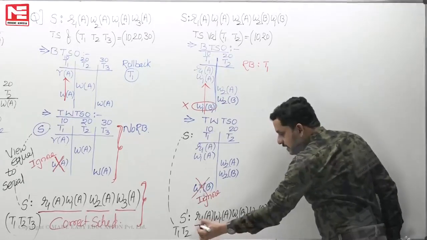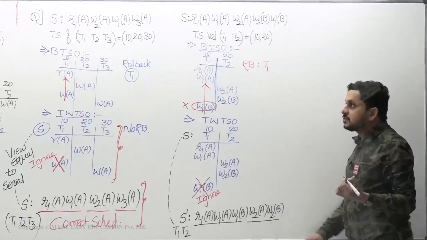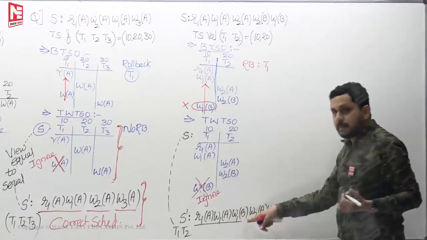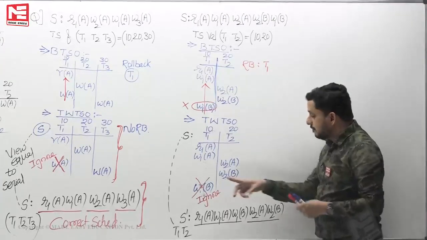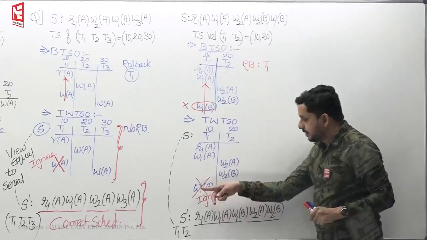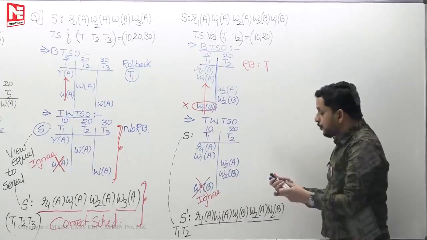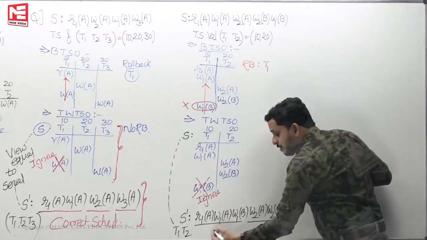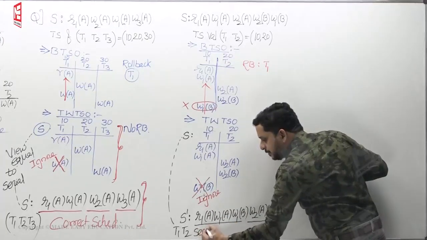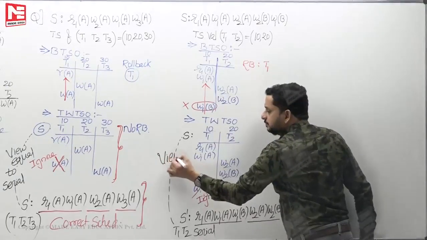Okay, these are T1 operations and these are T2 operations. So T1 followed by T2. If you observe, even if I ignore this write B, still this schedule is view equal to this serial. This is a direct serial schedule, T1 followed by T2. Okay, still this schedule is view equal to the serial schedule.